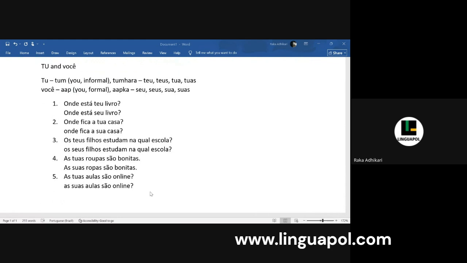So together you will write two sentences, then enter it in the chat box. Just like I have made examples in pairs, I want you to make a pair of sentence. It will be the same sentence, but in the first one you will use teu, second one you will use seu. It can be teu, seu, teus, seus, tua, sua, or tua, suas.